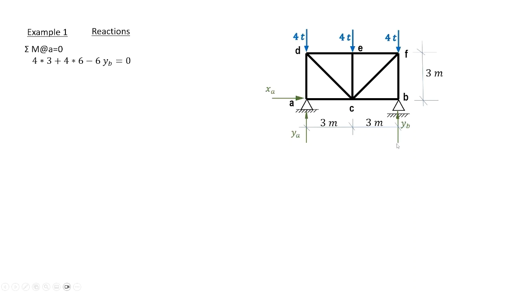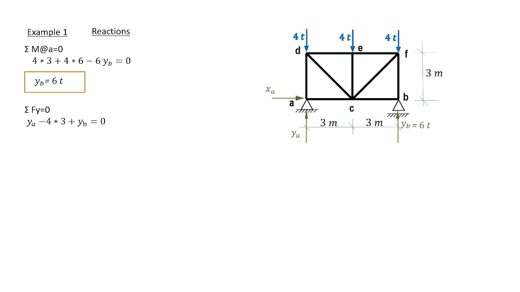Since YB rotates in the opposite sense about A, counterclockwise, we assume the sign to be negative, and YB is multiplied by 6 meters, the arm until we reach A. This gives YB equals 6 tons and is plotted on our diagram.